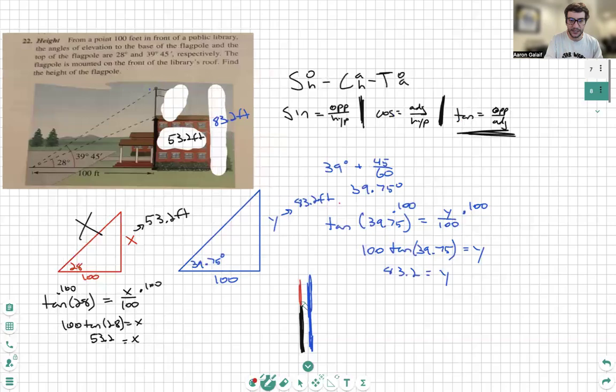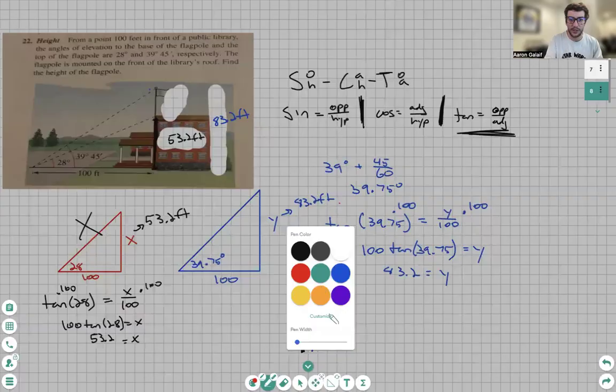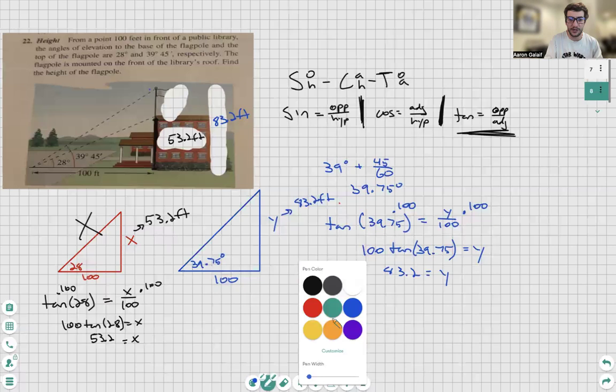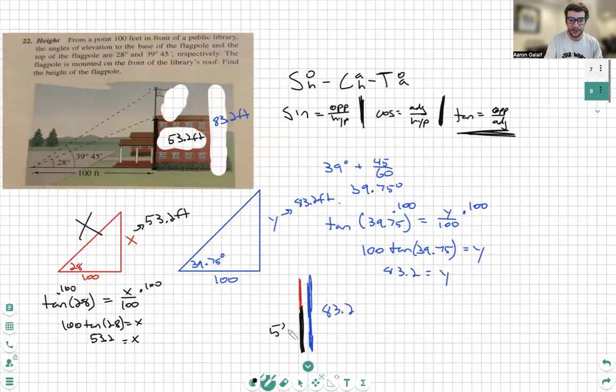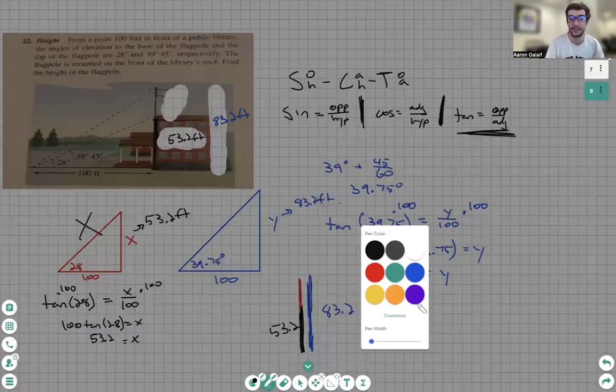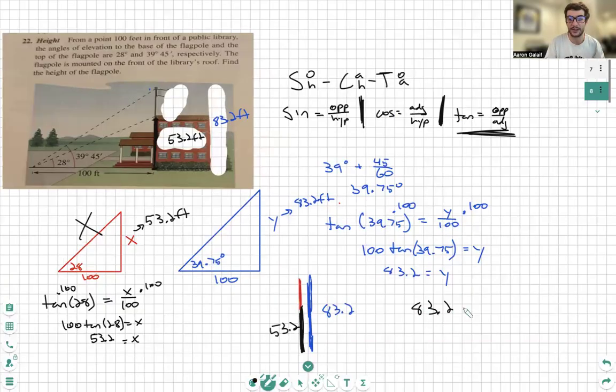And then right here is the flagpole. So we know that this is 83.2, and then this is 53.2. Thus, subtracting those two values will give me that flagpole distance. So all we need to do is take 83.2 minus 53.2, and we see that the flagpole is 30 feet in height. So that is an example of solving for that height using SOH CAH TOA in an angle of elevation word problem.